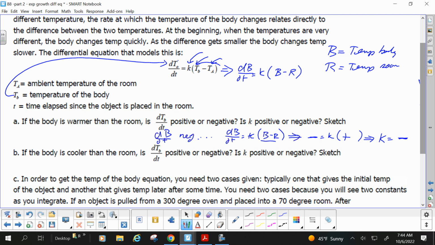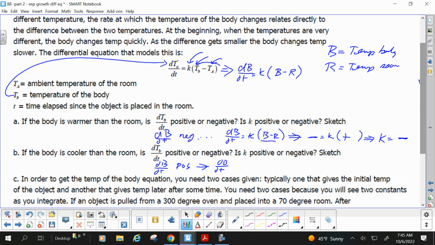What about if the body's cooler than the room? I'm again going to rephrase this as dB/dt. Now, if the body's cooler than the room, the body will rise in temperature towards the room's temperature, so dB/dt is going to be positive.